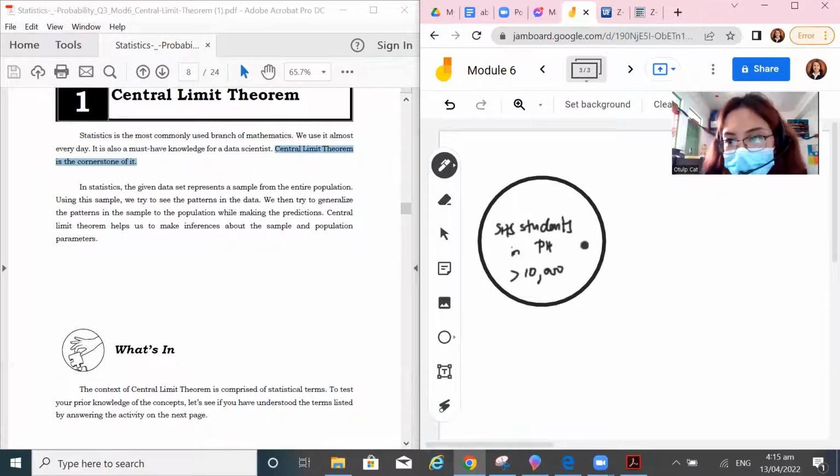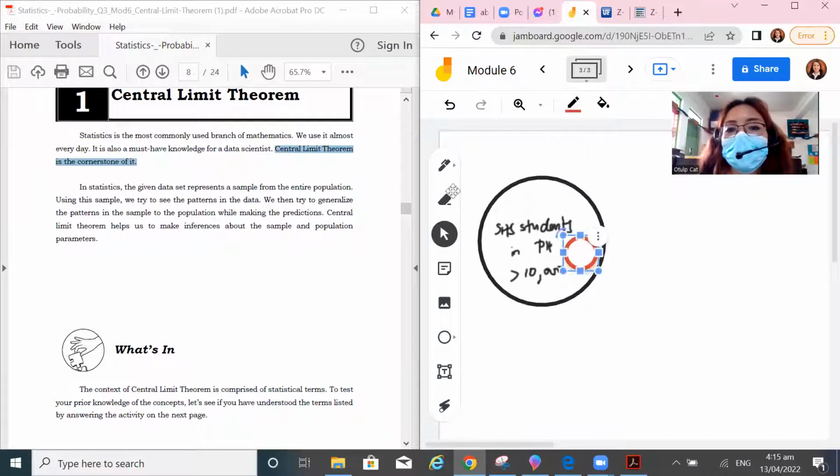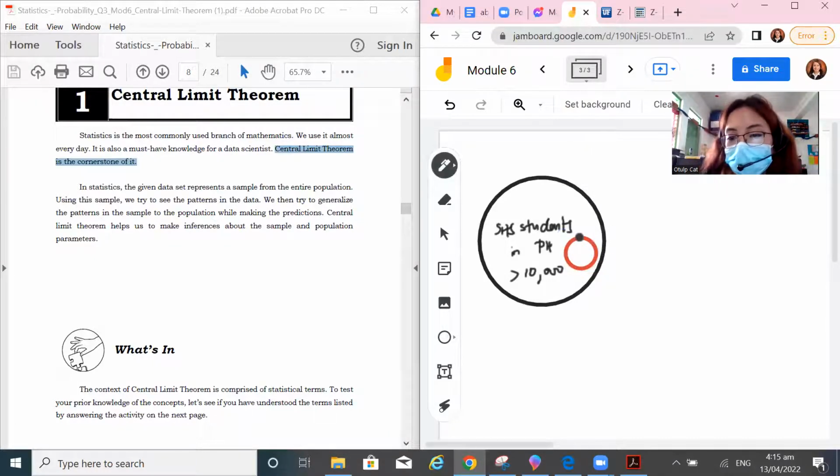So in statistics, the approach is such that even though we take only a small sample, that sample should, as much as possible, represent the characteristics of the whole population. Let's call this the population. This small sample is called the sample.